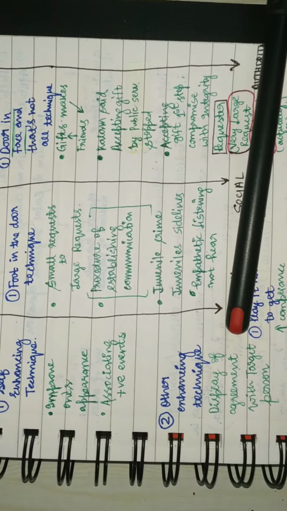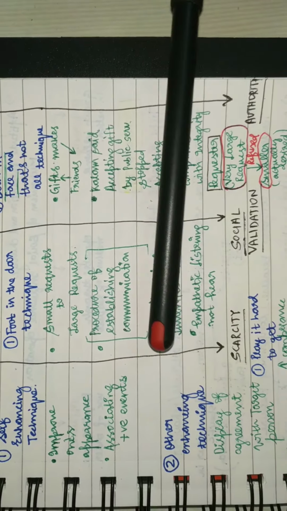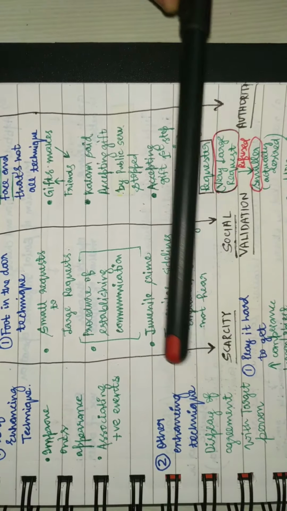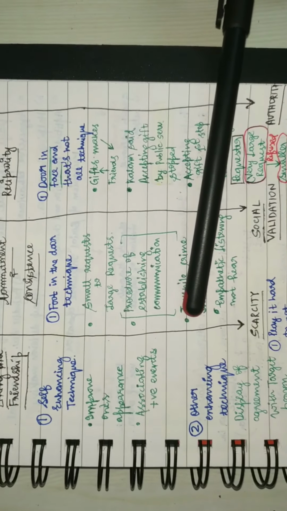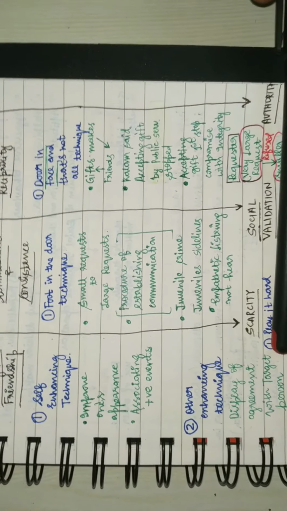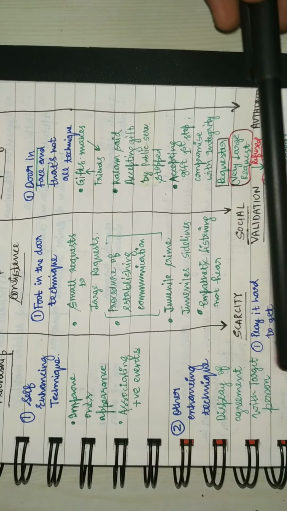You can say that these top persons have already agreed to our requests. For example, many salesmen tell you that this IPS officer, this celebrity has accepted us, so why not you? So they display agreement with the target person.